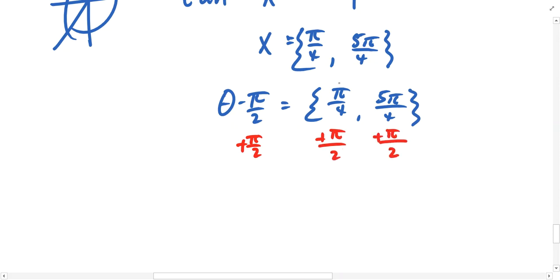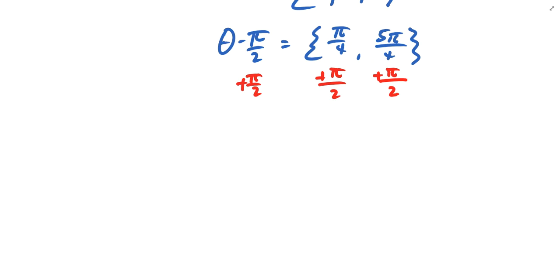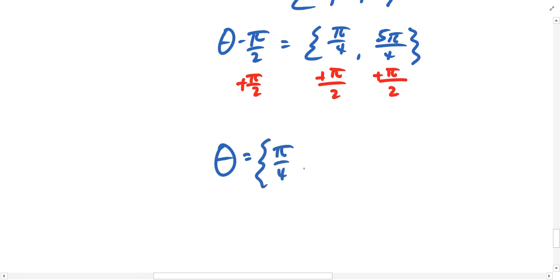And technically I have two equations here. One is equal to pi over 4 and one is equal to 5 pi over 4, so I'm adding it twice. And we see that theta is equal to, well, pi over 4 and pi over 2 need a common denominator, so I'm going to write those this way. I'm going to say that we've got pi over 4 plus 2 pi over 4, that's a half.